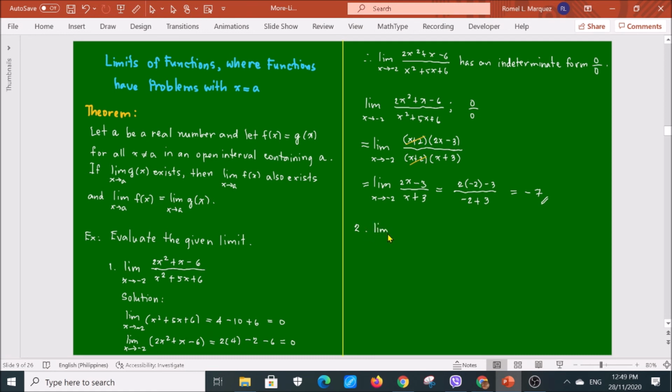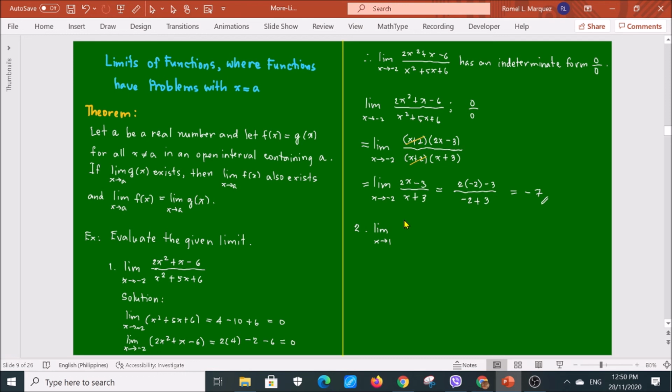Limit. Most of the limits that you will be encountering are like this, not the one with no problem, because if the limit has no problem, it's not exciting to deal with. Approaching 1.